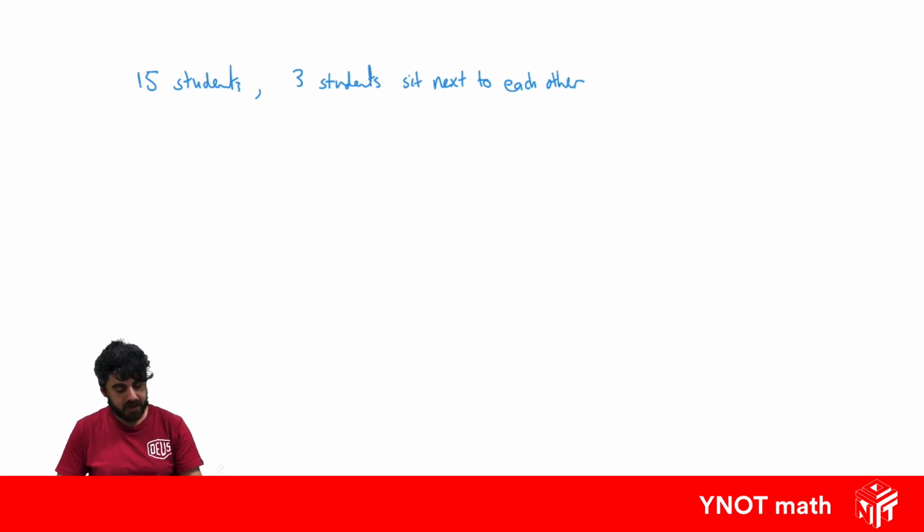All around one big table. So if this wanted to happen, we can imagine one big table, and we actually want to treat these 3 students as one student.